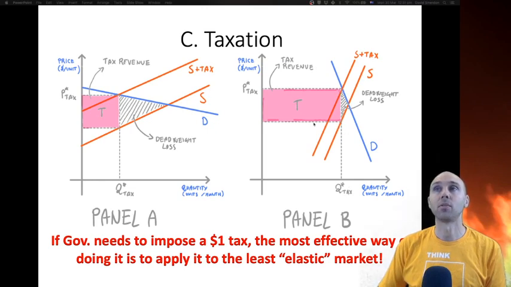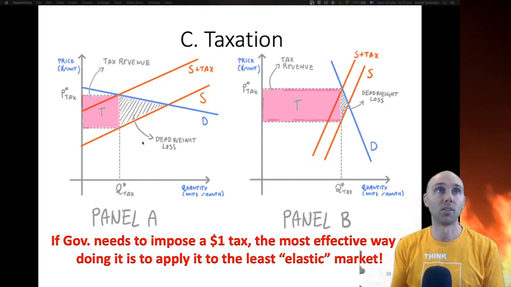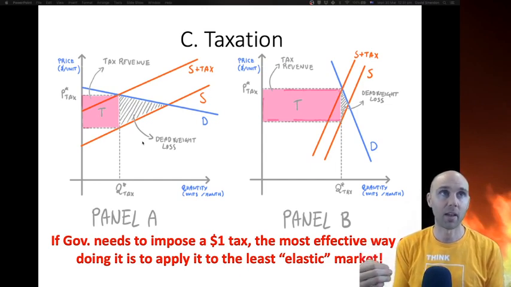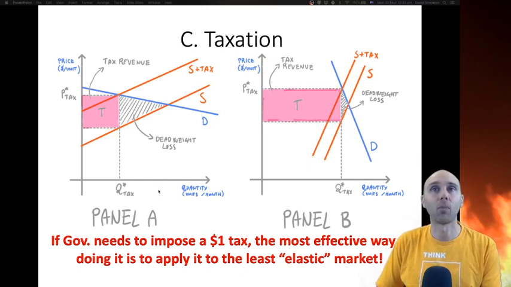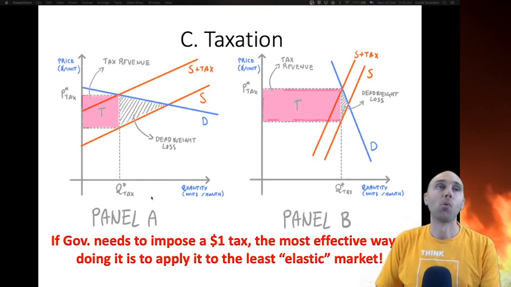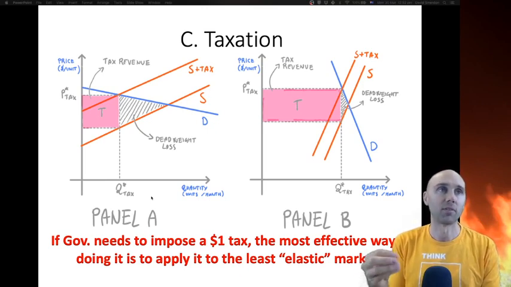The tax revenue is very large and the deadweight loss is very small. And there's a reason for that. The reason is that the suppliers on the left are able to adjust. They are elastic, they are more responsive and sensitive, so they can dramatically scale back their supply. The more that they scale back their supply, the bigger that deadweight loss is going to be, and the less income there is for governments.